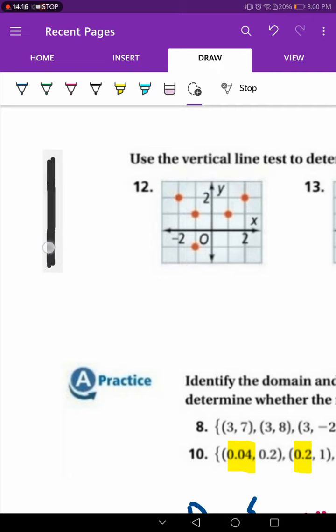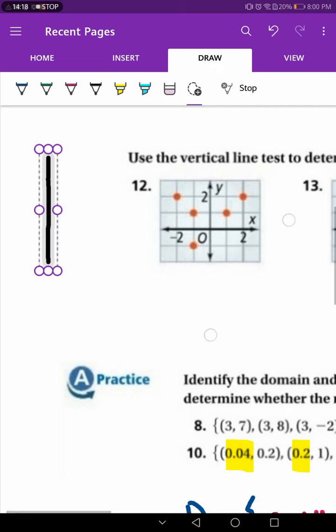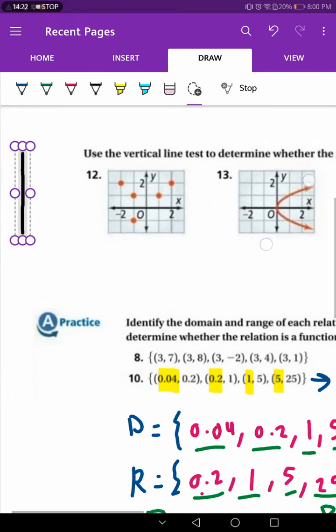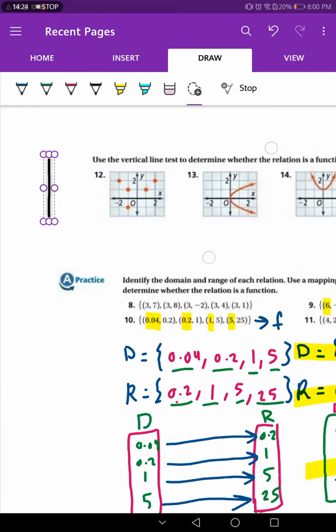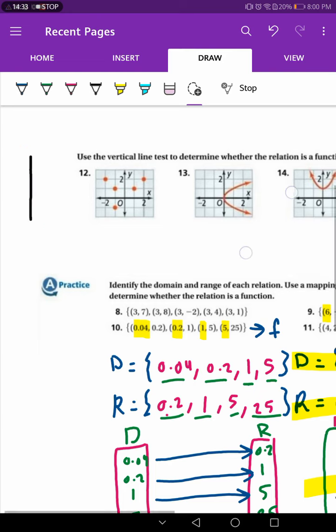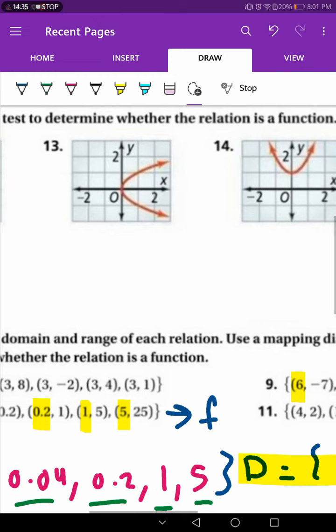Okay, my dear student. Okay, my teacher. Let us move to the second graph, which is here. I will use my vertical line, my dear student, and check if this vertical line hit 2 points in the graph or not.